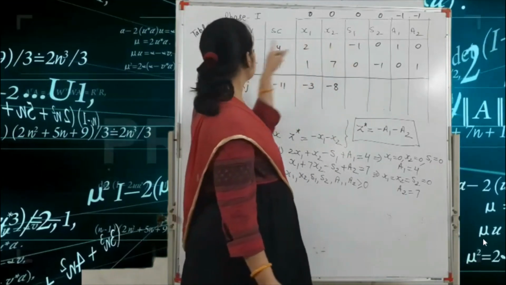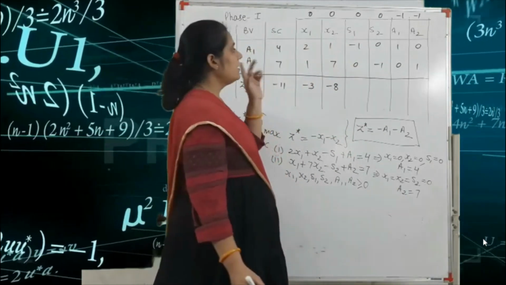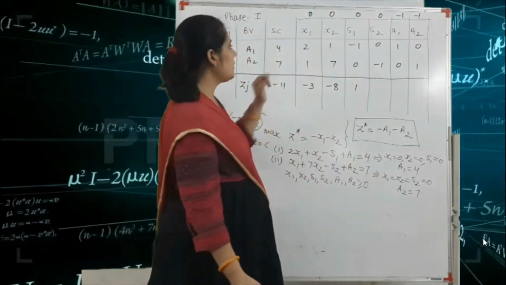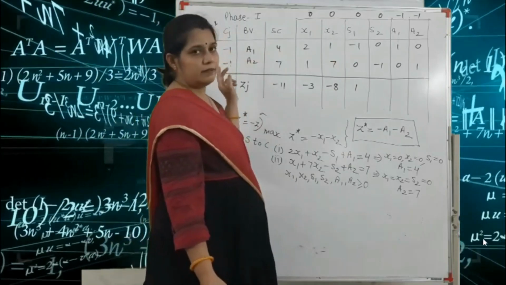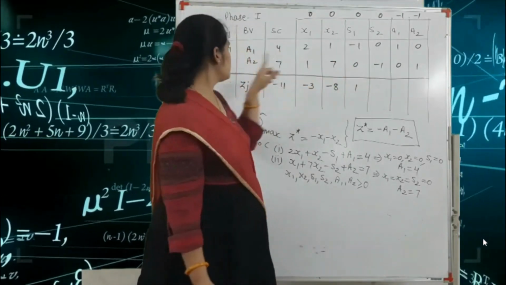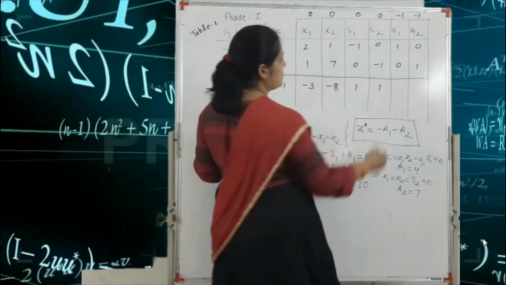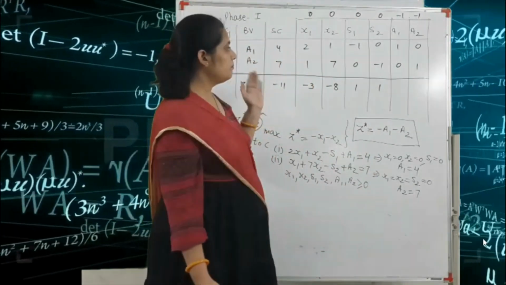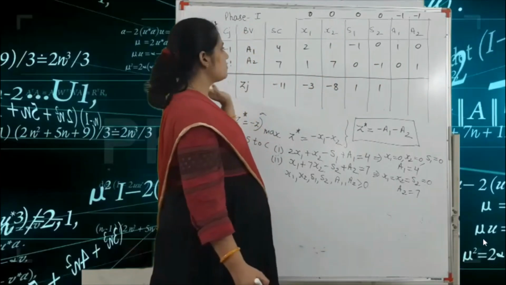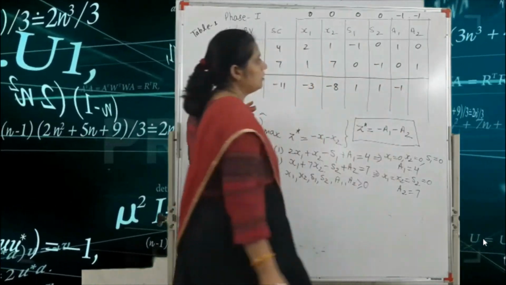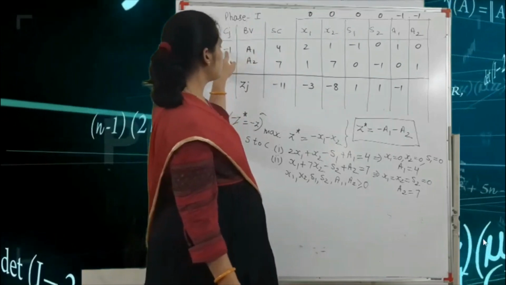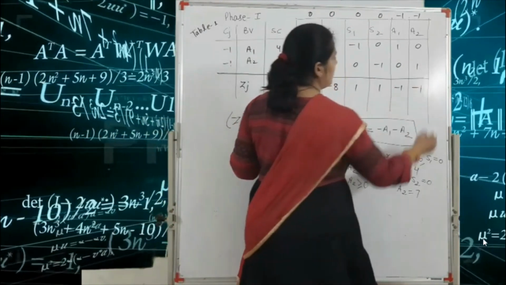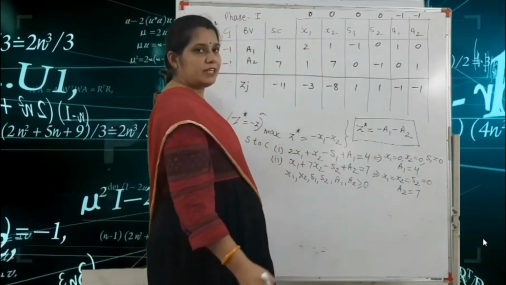Minus 1 into minus 1 means plus 1, plus 0 into minus 1. 0 into minus 1 means 0, plus minus 1 into minus 1, so plus 1. 1 into minus 1 means minus 1, plus 0 into minus 1, so we write minus 1. The last value is 0 into minus 1, that means 0, and 1 into minus 1, that means minus 1. Okay, so this is the value of zj.